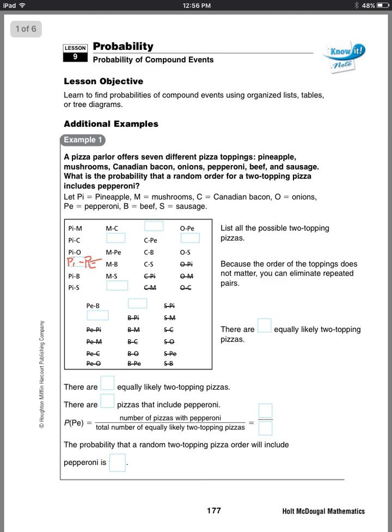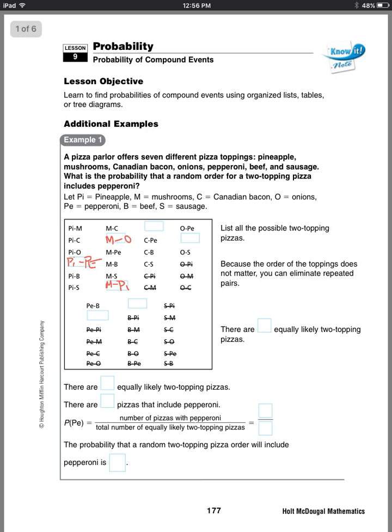We have pineapple beef and pineapple sausage. Then we have mushroom Canadian bacon, mushroom onion, mushroom pepperoni, mushroom beef, mushroom sausage, mushroom pineapple. See how they do that? They pick the ingredient, pineapple, and then pair pineapple with the next ingredient, then the next ingredient, all the way down.